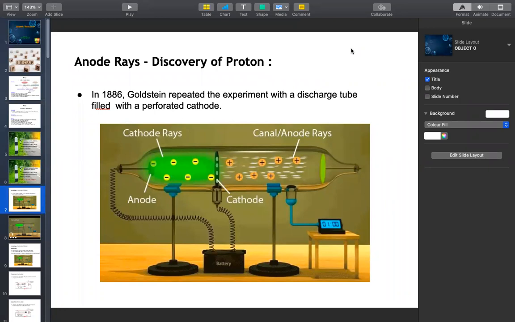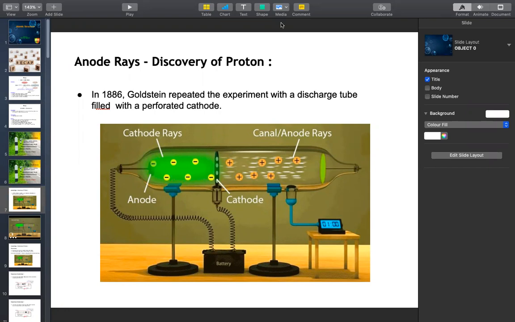So here, discovery of proton. In 1886, Goldstein repeated the experiment with a discharge tube filled with a perforated cathode. Understood? Yes or no? Perforated cathode means the cathode has some holes, and that cathode is a perforated cathode.